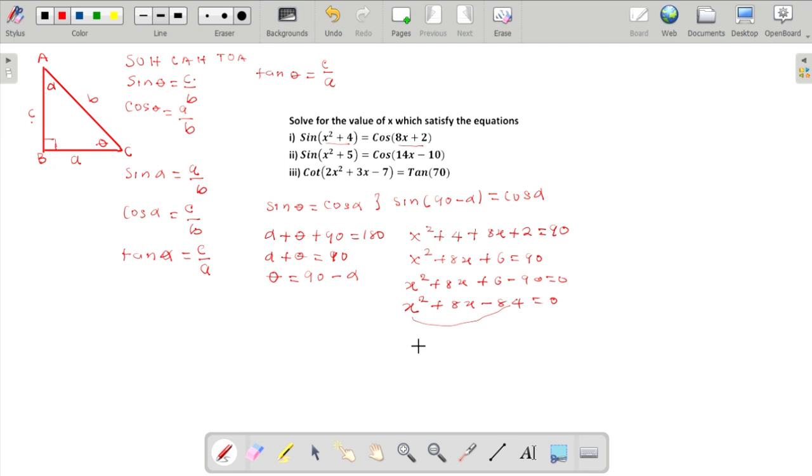Here, the two numbers multiplied give minus 84 x squared. So let's find all the factors of 84. 1 times 84, 2 times 42. Can 3 go? 3 times 28. Can 4 go? Yes, 4 times 21. Can 5 go?